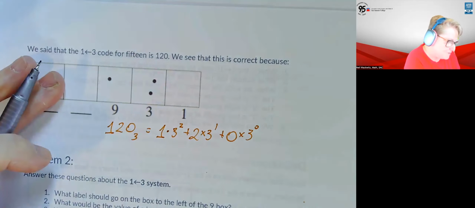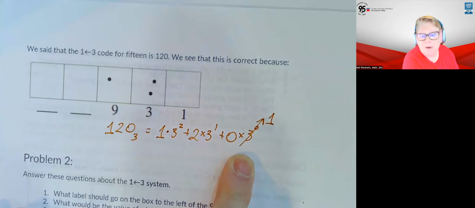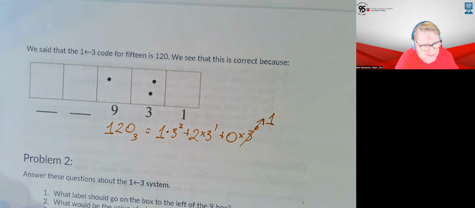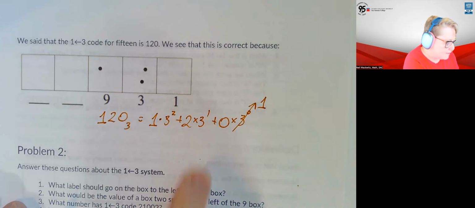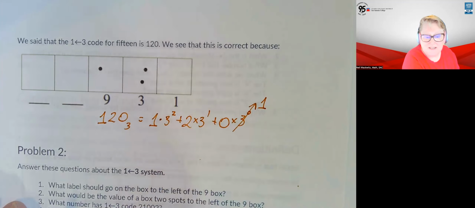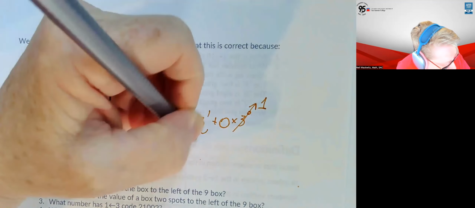Well, 3 to the 0, that's 1. Any number to the 0 power is 1 except 0. 0 to the 0 power is not defined. But every other number to the 0 power is 1. Every number to the first power is itself. So 2 times 3 to the first power, that's just 6.